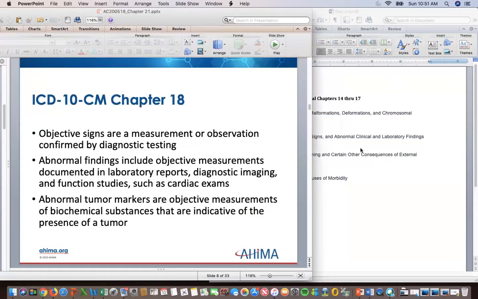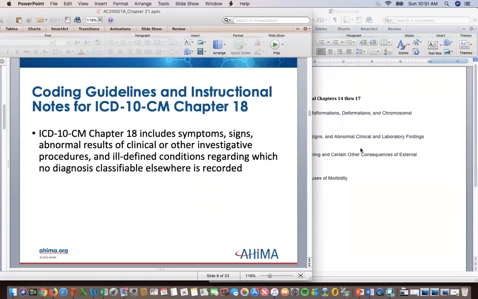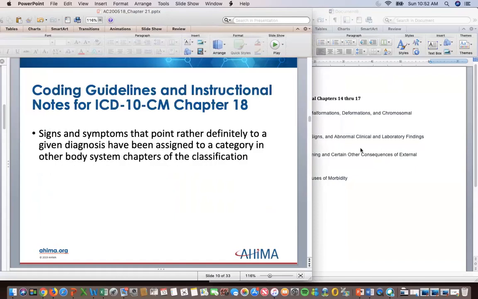Abnormal tumor markers are also an objective measurement of biochemical substances that are indicative of the presence of a tumor. So Chapter 18 includes all of that: symptoms, signs, abnormal results of clinical or other investigative procedures, and ill-defined conditions regarding which no diagnosis classifiable elsewhere is recorded.